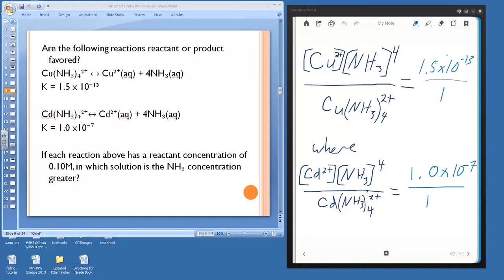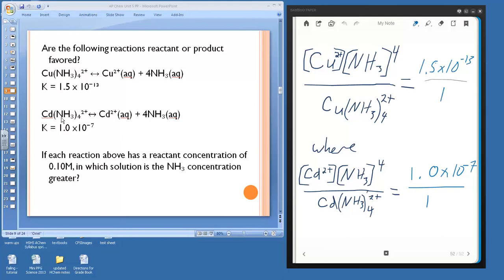Meaning that's a very, very small number of these products per every one reactant I have. Same thing's true down here. Now if I look at both of these though, to try and answer this question, if each reactant above has a reactant concentration of 0.1 molar, so we start out with 0.1 molar of him and 0.1 molar of him, which solution is the NH3 concentration greater?